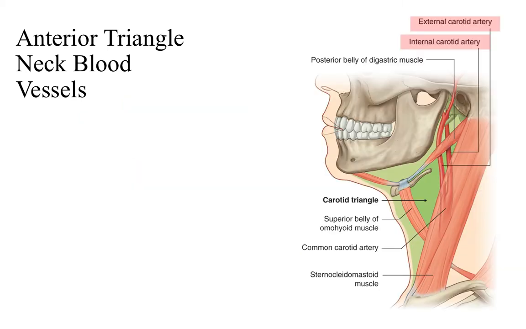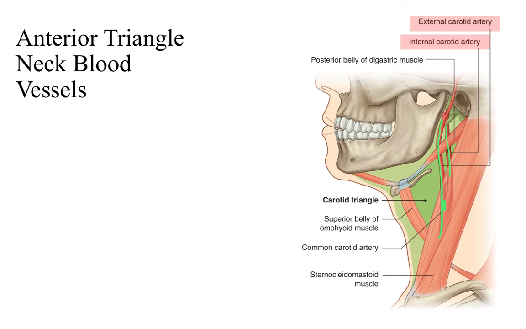All right, notice here that the carotid triangle is called the carotid triangle because you have both the external carotid artery as well as the internal carotid artery, which are branches of the common carotid artery, running through it. So a couple notes about the common carotid artery.